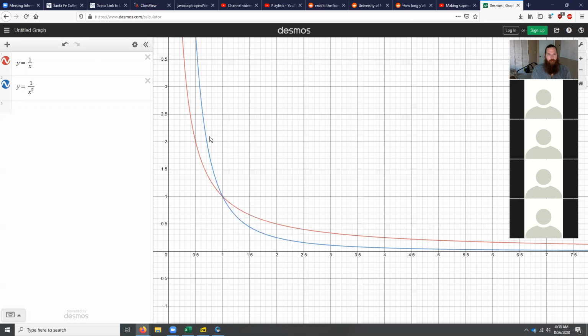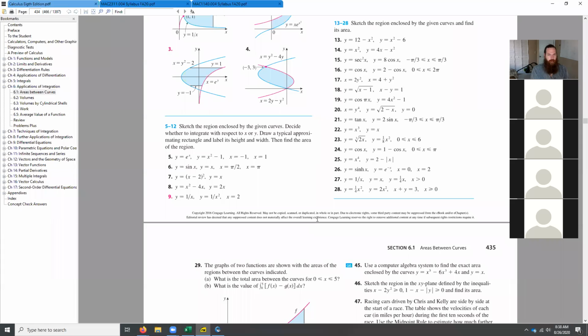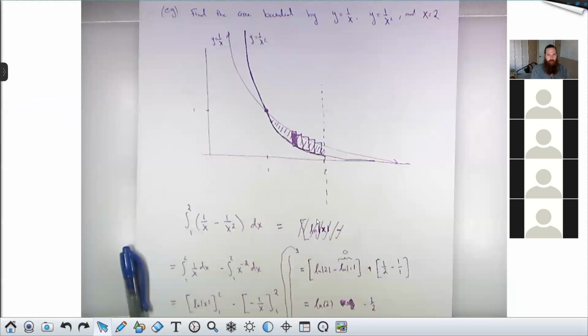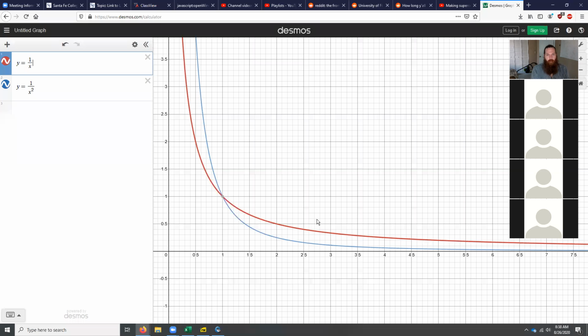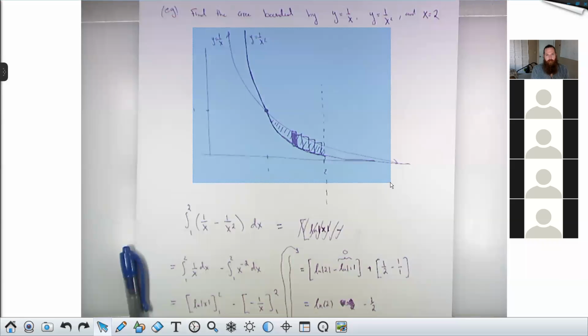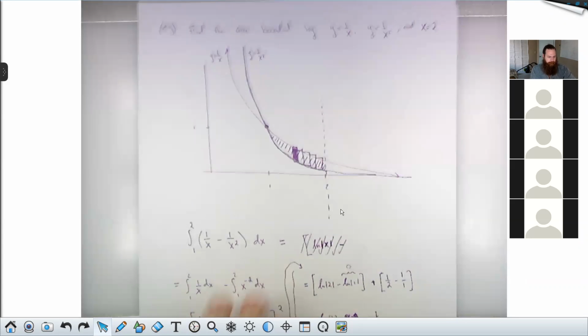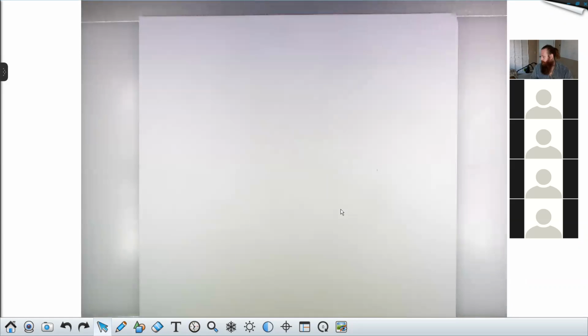And you see, oh yeah, 1 over x squared starts out above 1 over x and then gets beneath him at 1. And the 1 over x is this hyperbola that we know pretty well. So from here to here is not hard. But you want to get to a place where you can do this on your own without the help of Desmos. So that family of power functions, x to the n, we should know all of those graphs really well.